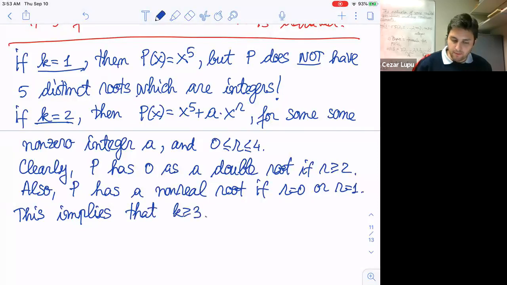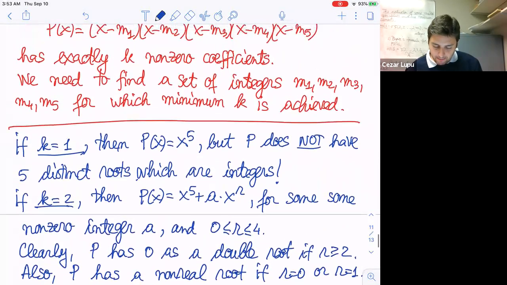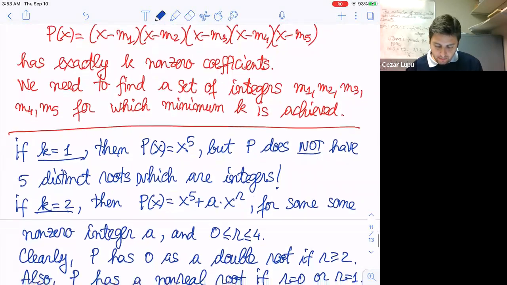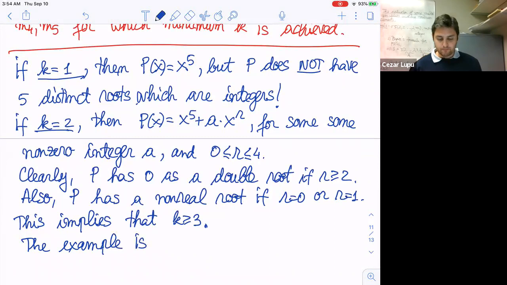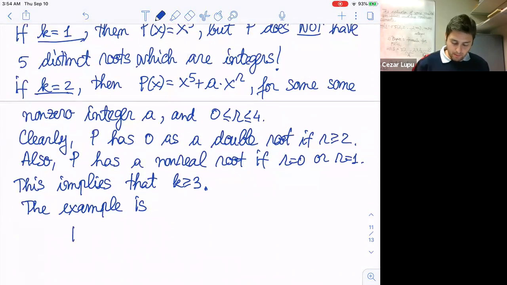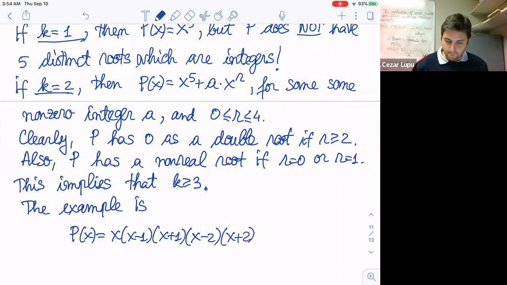And let's see, maybe here we have an example. We can cook up an example. Let's take this polynomial: x times x minus 1 times x plus 1 times x minus 2 times x plus 2. Or this can be written as x times x squared minus 1 times x squared minus 4.